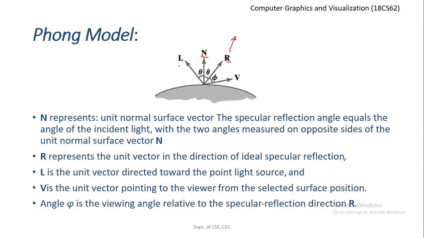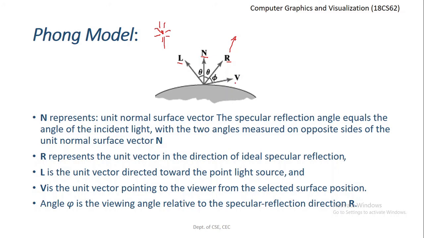Okay. Then we have a unit vector L. This is a unit vector directed towards the point light source. So this is the direction where we have a point light source, which is basically emitting light of a particular intensity. Let me just represent a point light source, something like this. So the unit vector L will be a vector in the direction of a point light source, which is emitting a particular intensity of light and which is placed at a particular position.